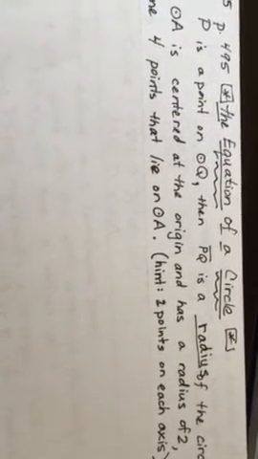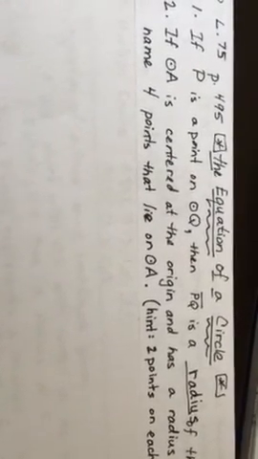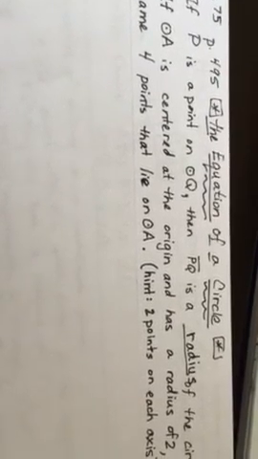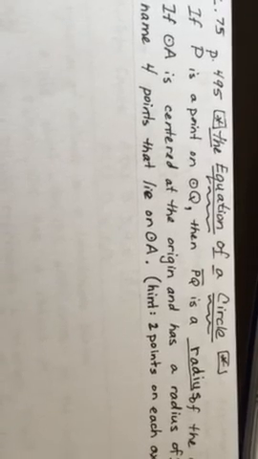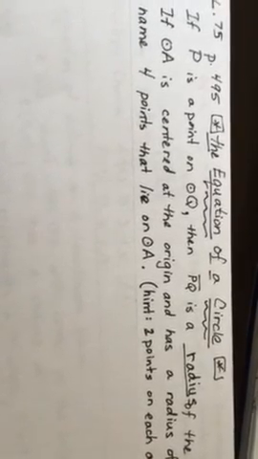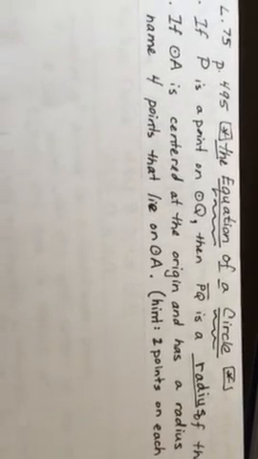If circle A is centered at the origin and has a radius of 2, name 4 points that lie on circle A. Hint, 2 of the points are on each axis. So if it's centered at the origin, it has a radius of 2: (2, 0), (0, 2), (-2, 0), and (0, -2) are 4 points that lie on that circle.